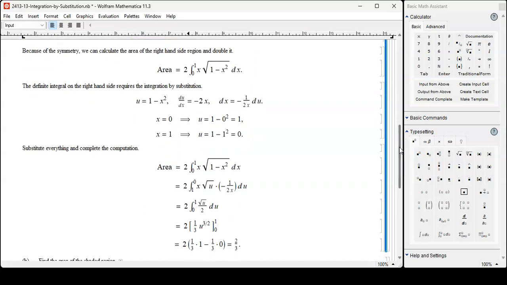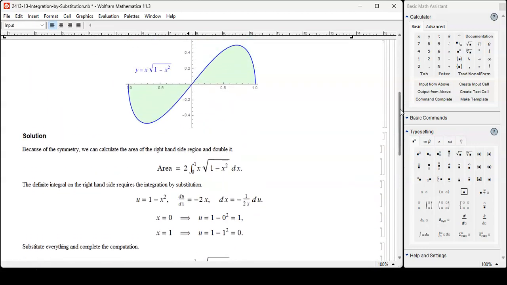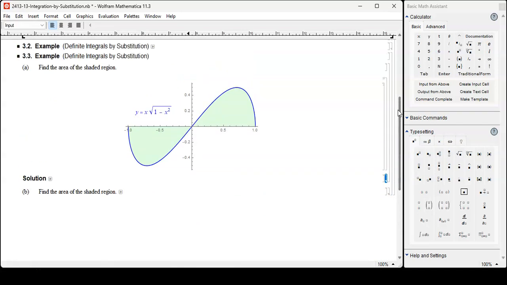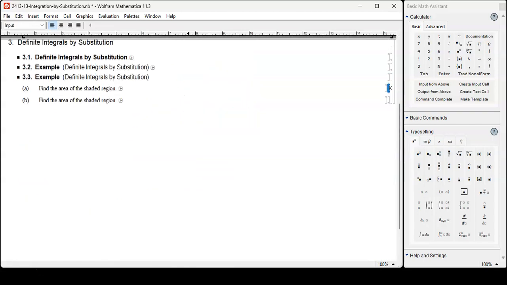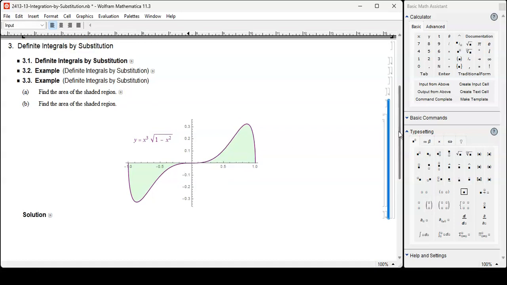If you do that, you're going to get this kind of definite integral computation. Apparently, I use the second method. And then if you follow through, you're going to get the area, geometric area. Same goes for this. Even though you have an area problem, it's just a definite integral problem. From 0 to 1, get this, and then just double it.